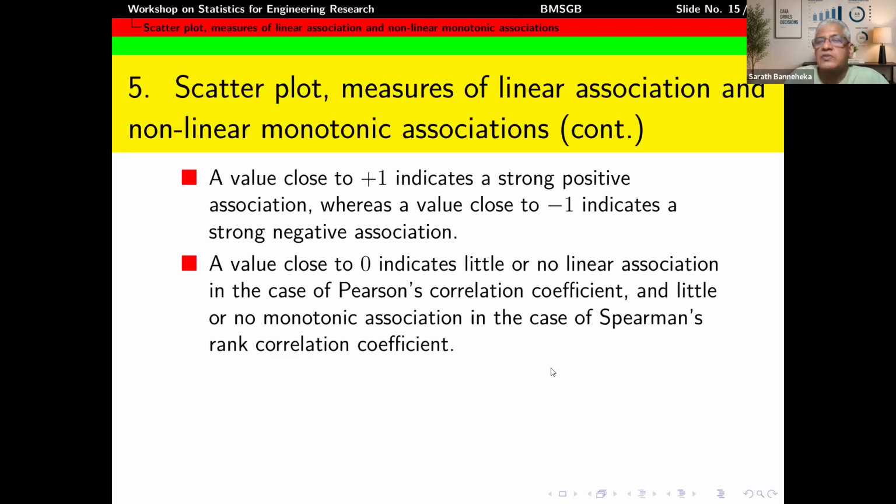In case of RS, if it is close to 1, then it may be interpreted as a strong monotone positive relationship. Not linear in that case, monotone. And similarly, if the values are close to -1, then you use the word negative instead of positive in the previous interpretation.